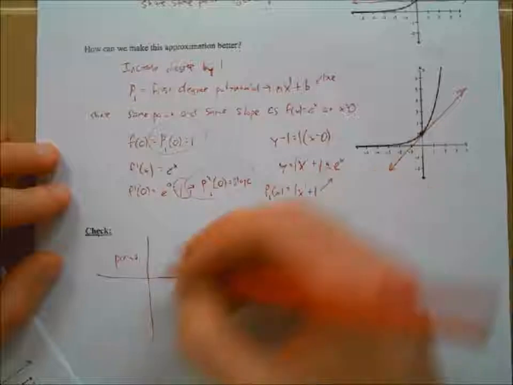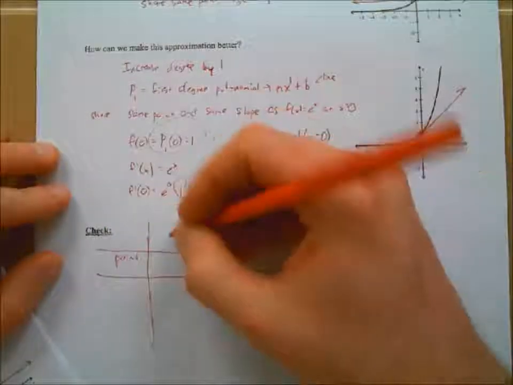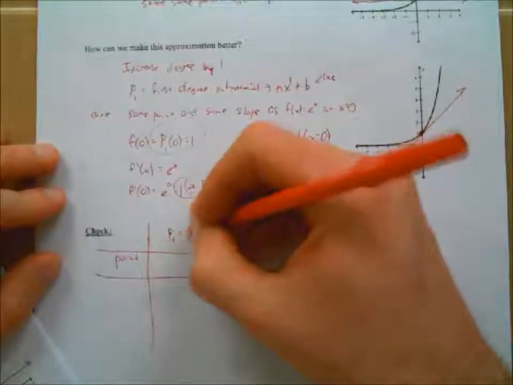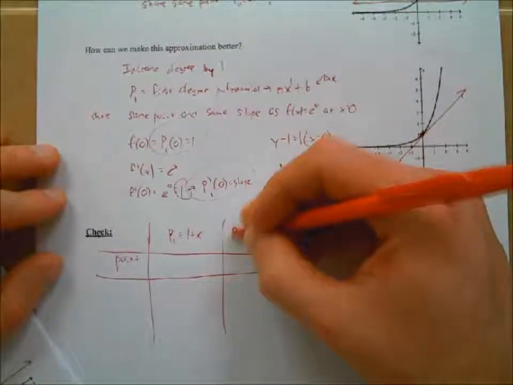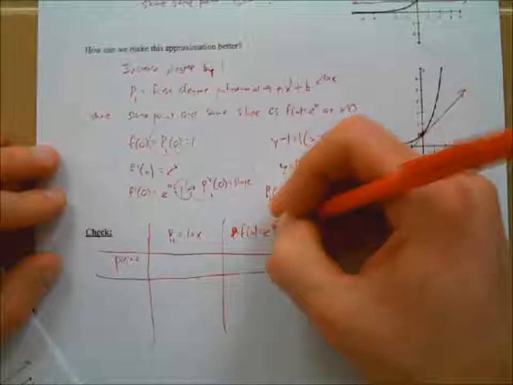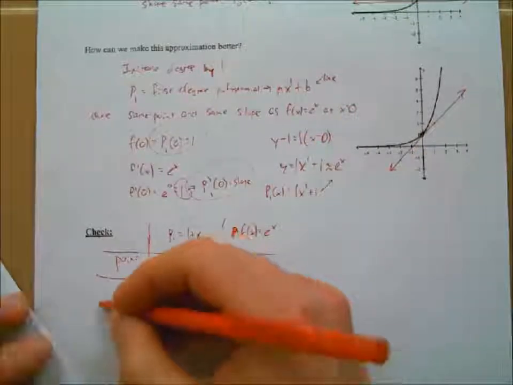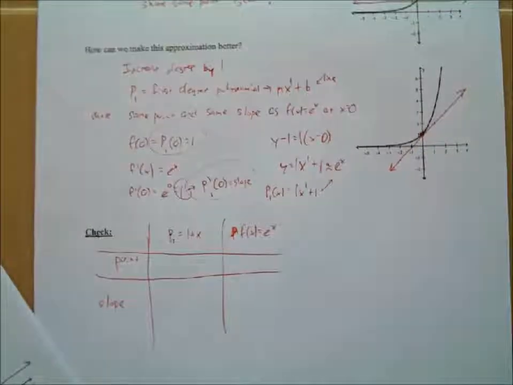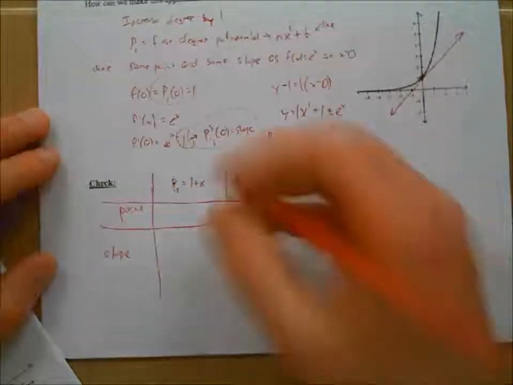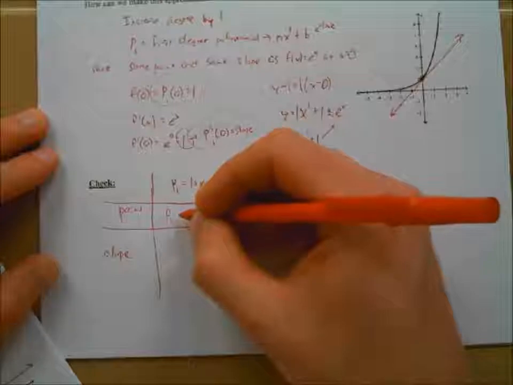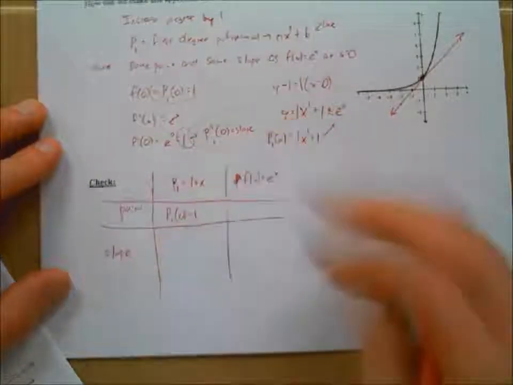Okay. Let's check this out here. So we'll check p sub 1, which is equal to 1 plus x, and compare that to f of x equal to e to the x. We'll see that, yes, these things do match up. I know we already went through this, it's simple now, but we're going to build on this as we go.